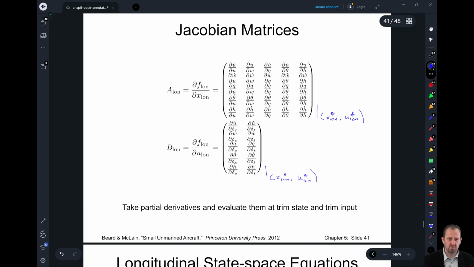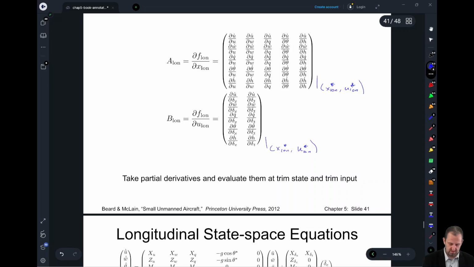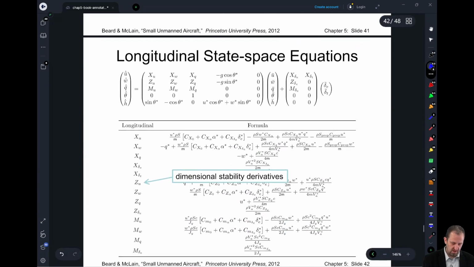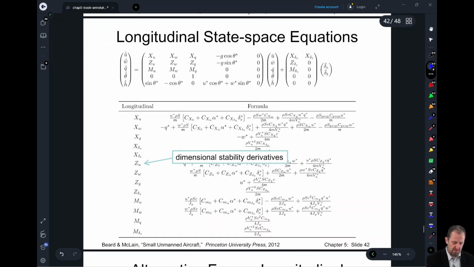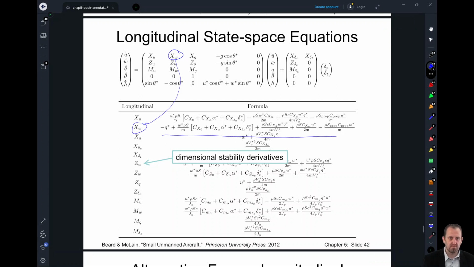And we take the partial derivatives, and like we just showed, evaluate at the trim input, and we can get our longitudinal state equations, where again the block elements are already defined for us. All the math has been worked out in the book, but we get this block component matrix. So again, this is just our A, and this is our B. And this is our x ln deviation. This is u ln deviation.